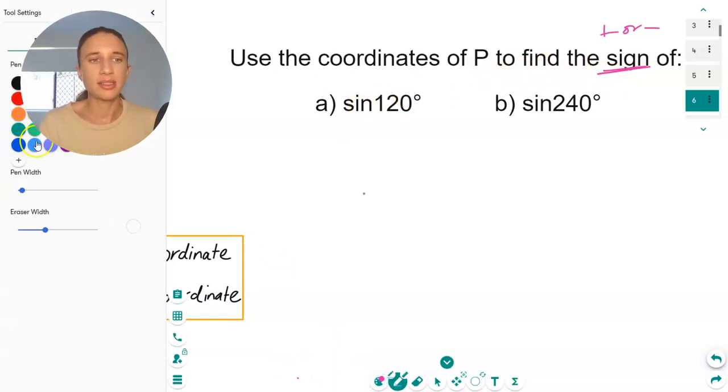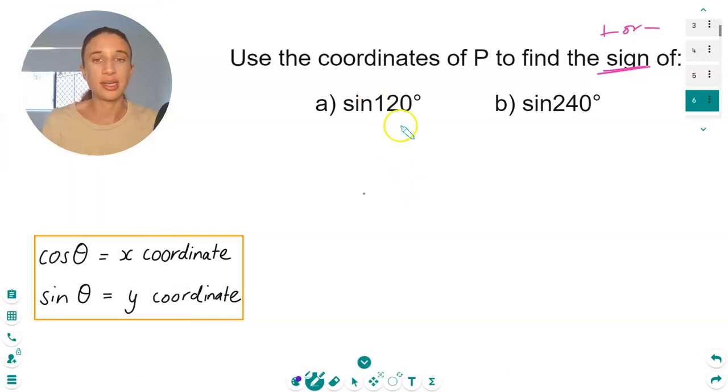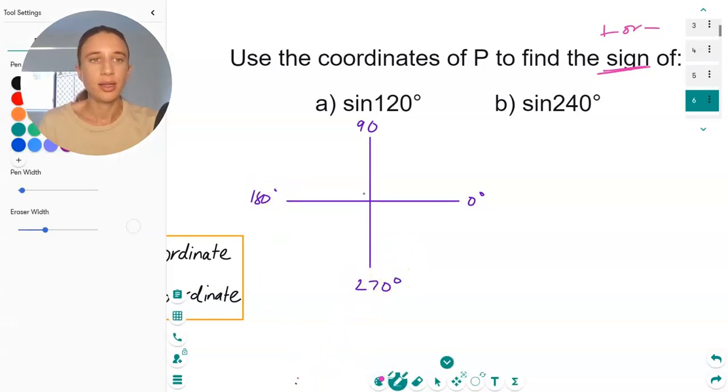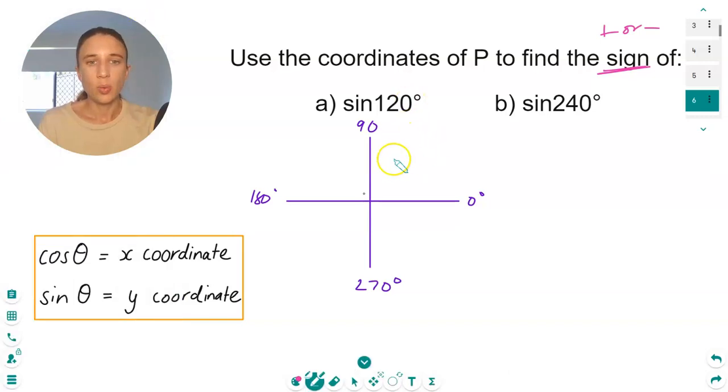Well, the first place to start is just draw your Cartesian plane again. Just draw it and see where it sits. 180, 270, got a different color, and 120 sits here, 120, and they are saying, what's the sine of this?